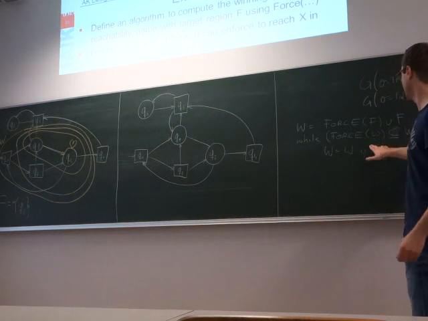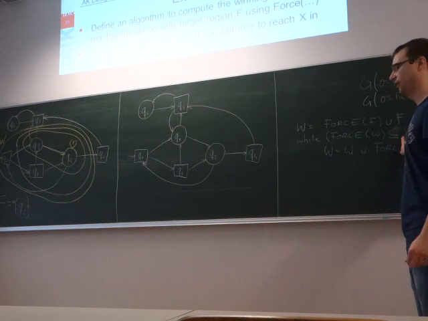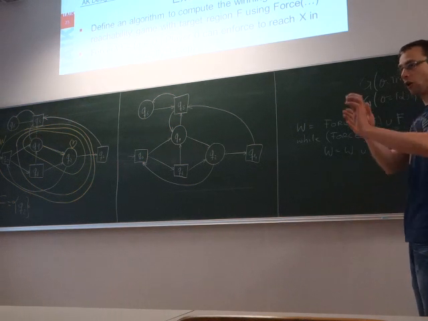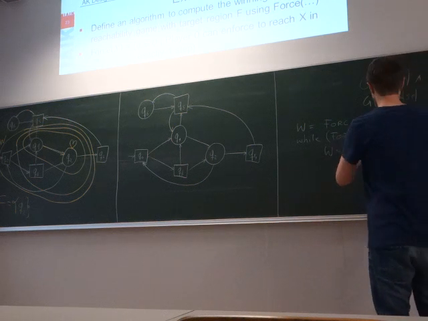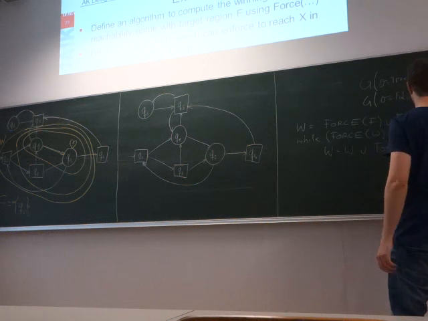So if force does not produce any new states that we already have in w, then we can stop. Or as you suggest, we can just make this as we had it last week actually, while w changes.